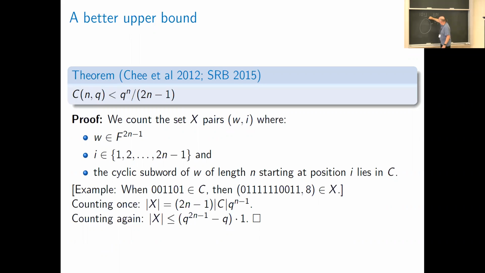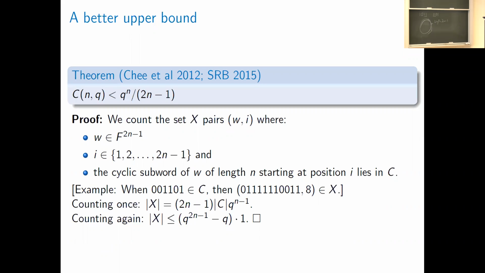If there are two places where a code word starts, because these code words have length n and we've only got 2n-1 positions, they would have to overlap. And that's not allowed. So you can only fit one code word in a circle of that length. So there it is. It's at most q^(2n-1) minus q.